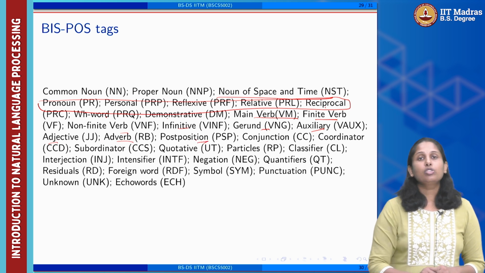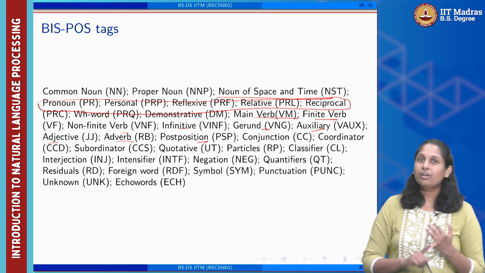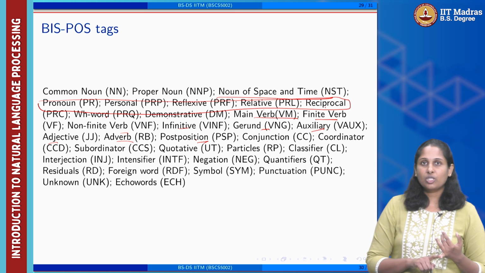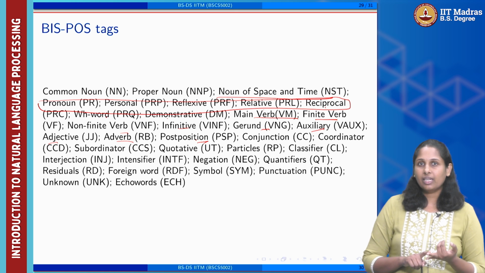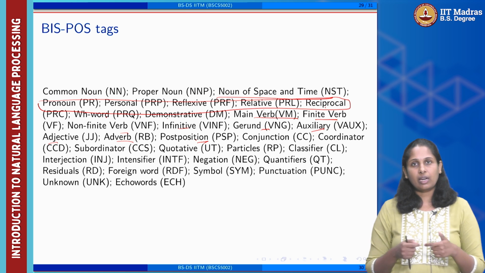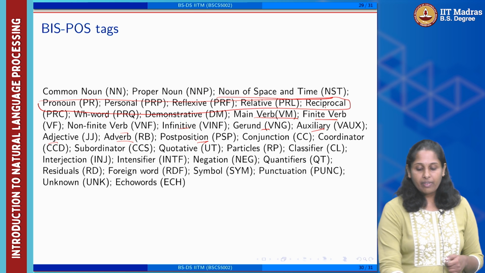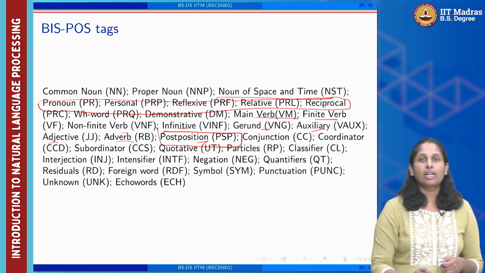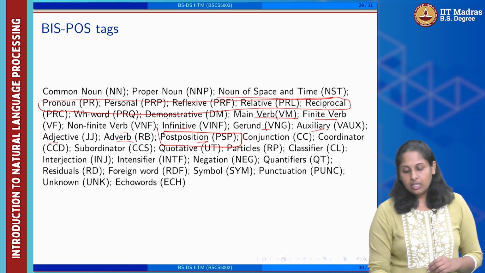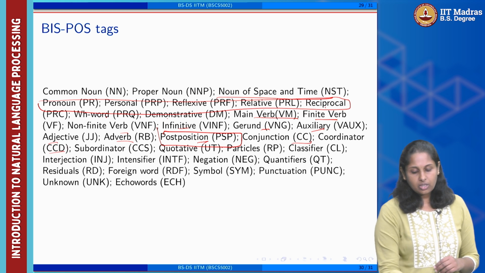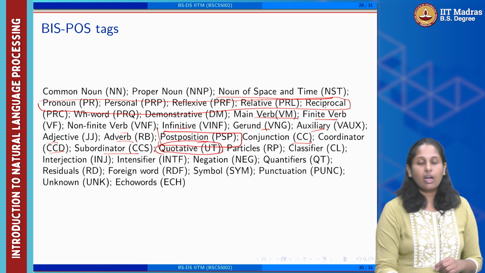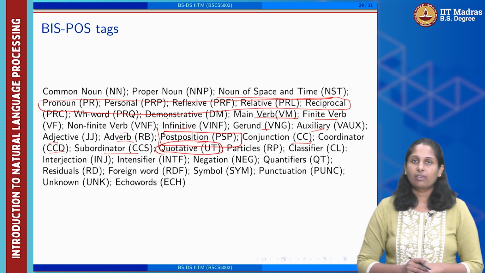And there comes postposition, because you could see in the Penn Treebank IN is used for a preposition. In UD, ADP, that is adposition, whether it be a preposition or a postposition, can be called an adposition, whereas in Indian languages we have very clearly only postposition. So this has been addressed. Similarly, conjunction, coordinating conjunction and subordinating conjunction, and quotatives. Quotatives are again very specific to Indian languages.